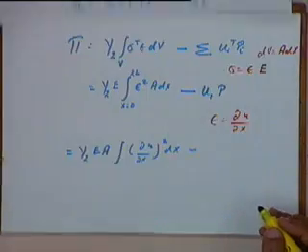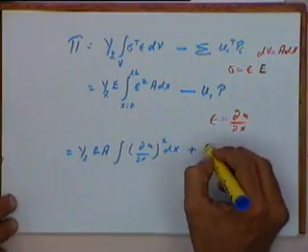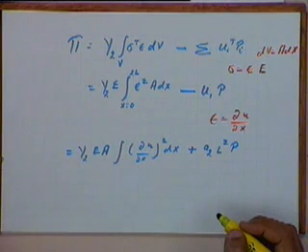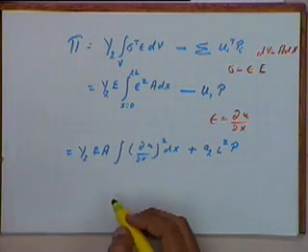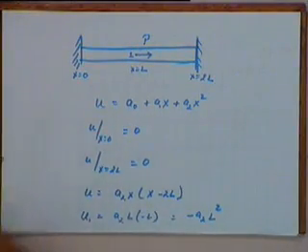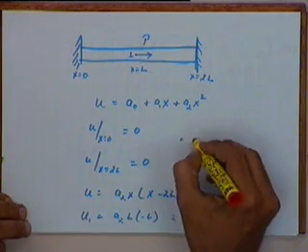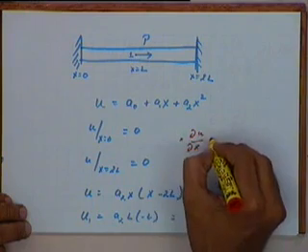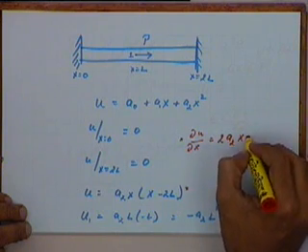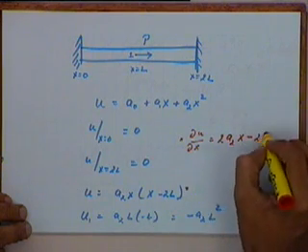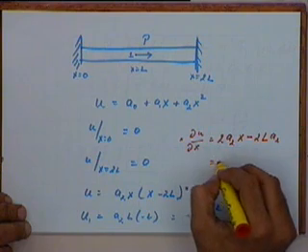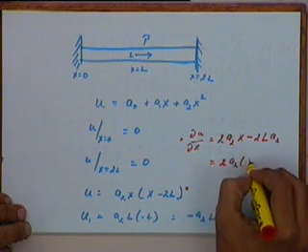So this will become plus a2 L squared times P. Again, from this we will get del u by del x: a2 x squared will become 2 a2 x, minus 2 L a2, which will be equal to 2 a2 into x minus L.